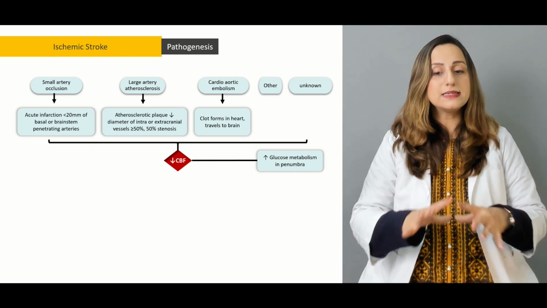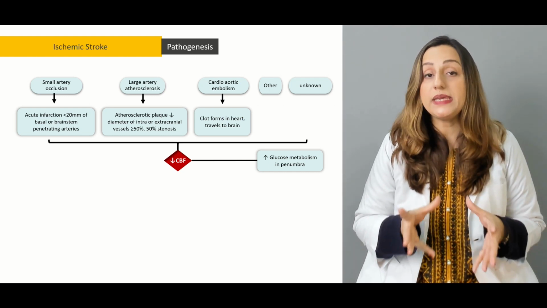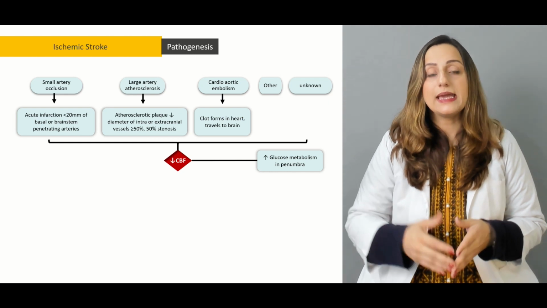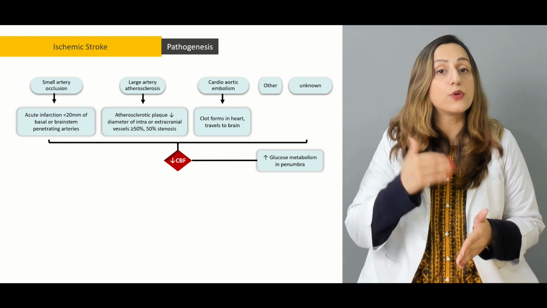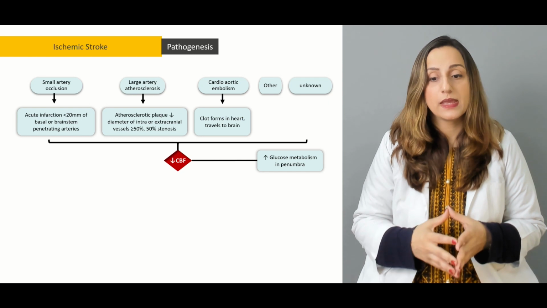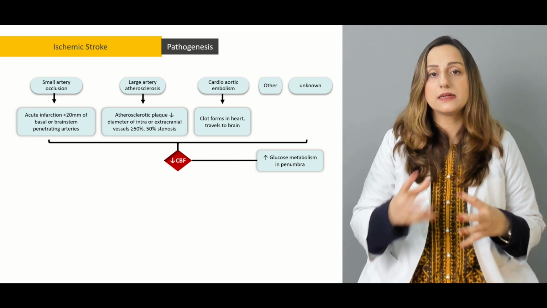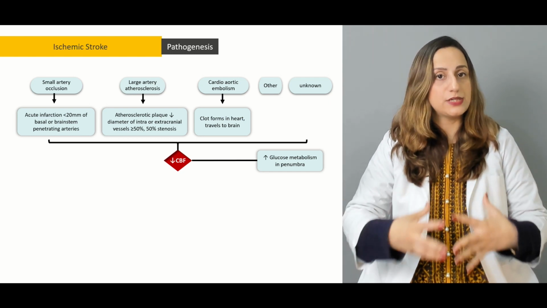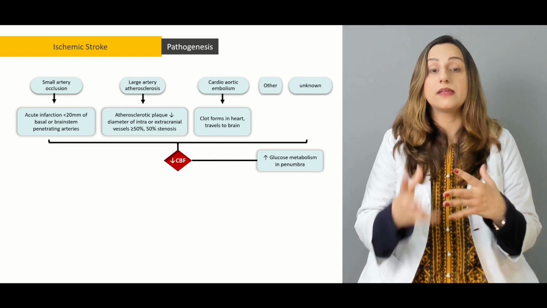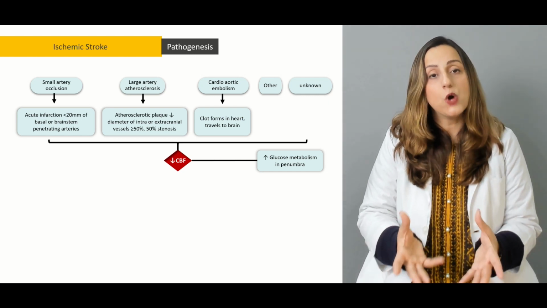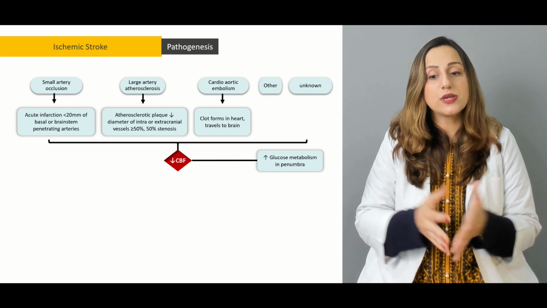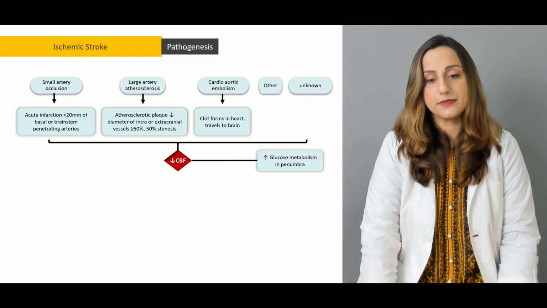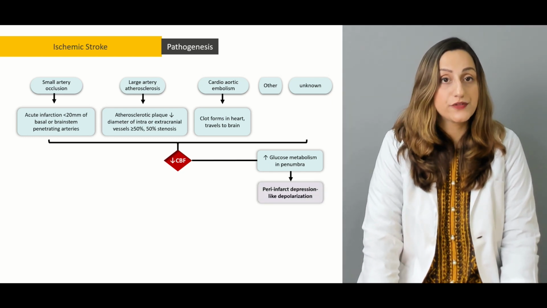So what is this penumbral region? What do we mean by this penumbral region? It means that there isn't a complete blockage of the blood flow. There is a slight blood supply that is maintained towards a particular area, and as a reflex activity, it is going to increase the glucose metabolism inside the body of the individual.